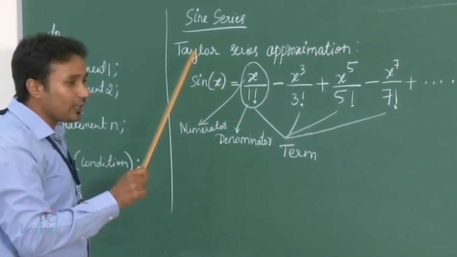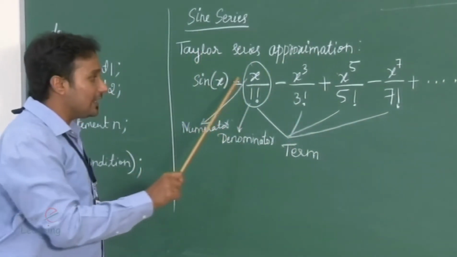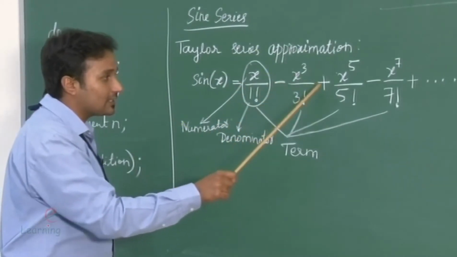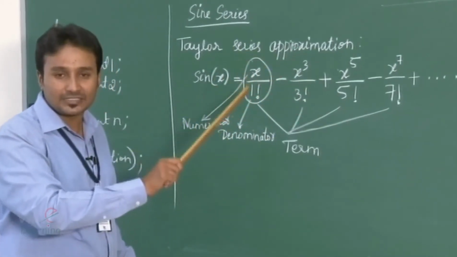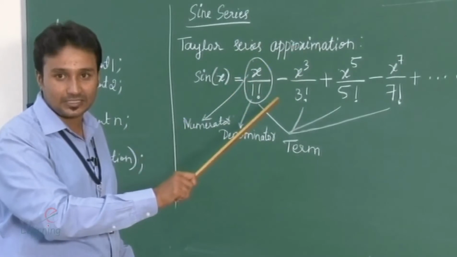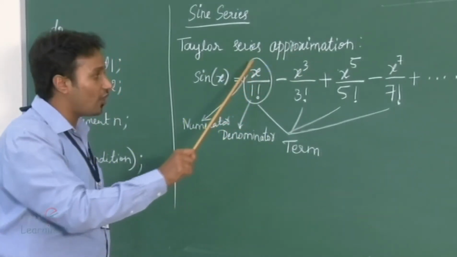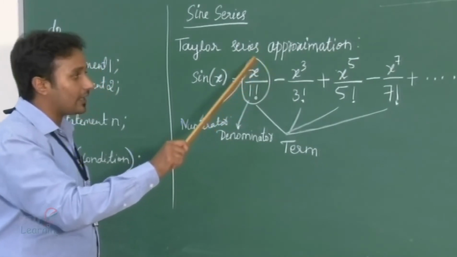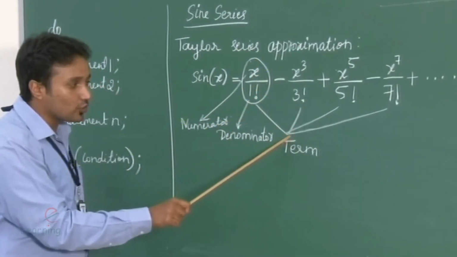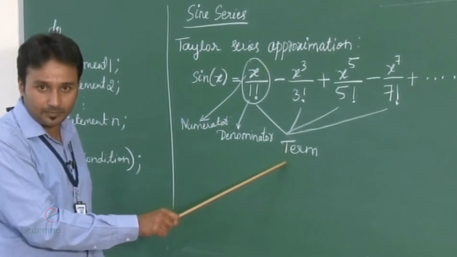Here we need to carefully observe that every term takes alternating plus and minus signs, and this entire term, which constitutes a numerator part and a denominator part, is together called a term.